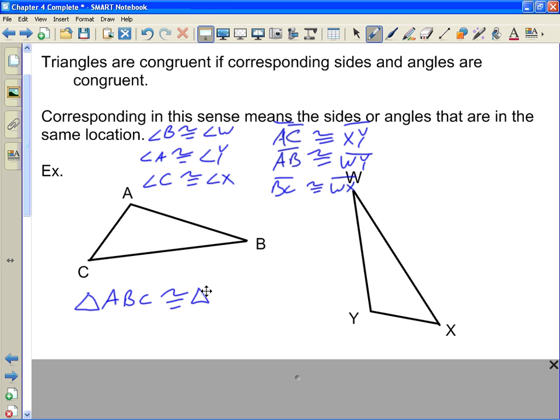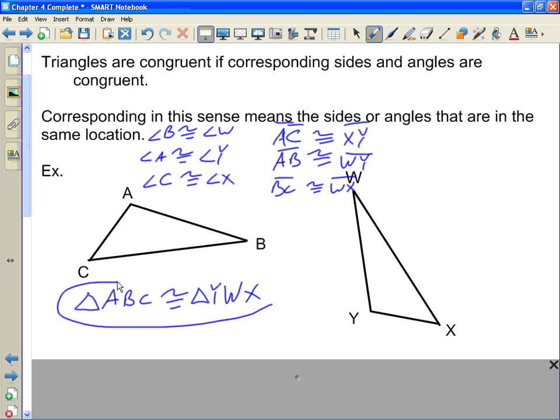Now, I need to be specific in the way that I order the letters. A was the same as Y, so if I list A first, I have to list Y first. B was the same as W, so I have to list W next because I had A, B, C, so I need Y, W, X. A is the same as Y, B is the same as W, C is the same as X.